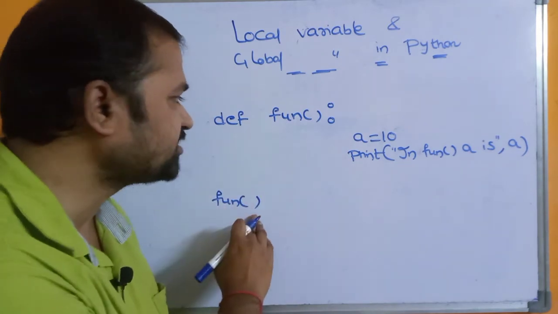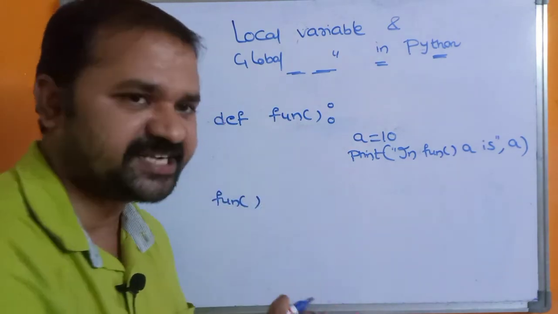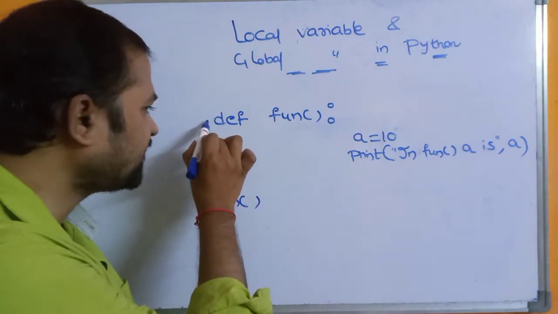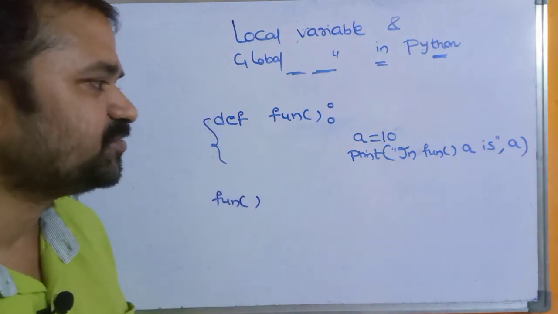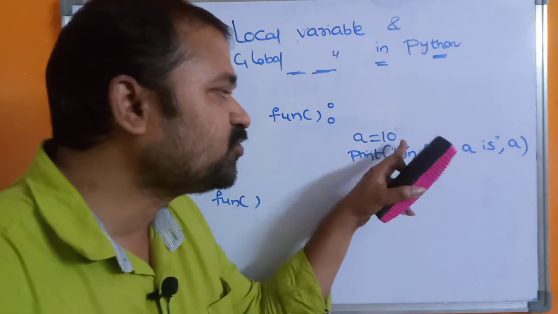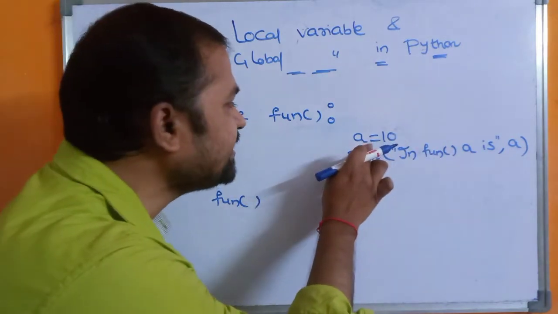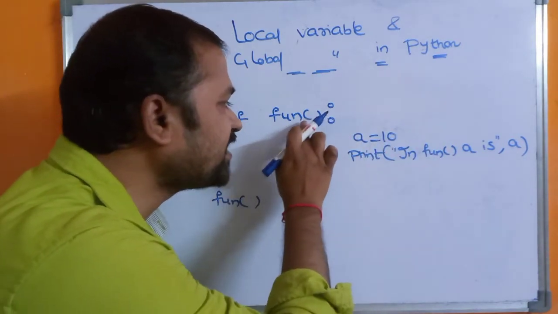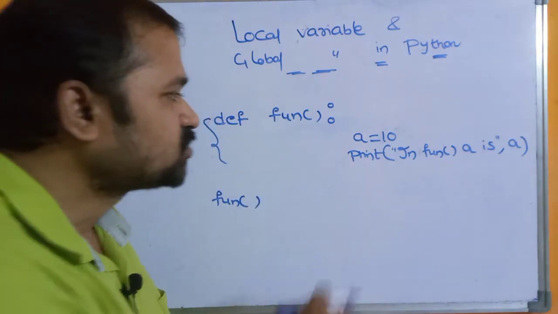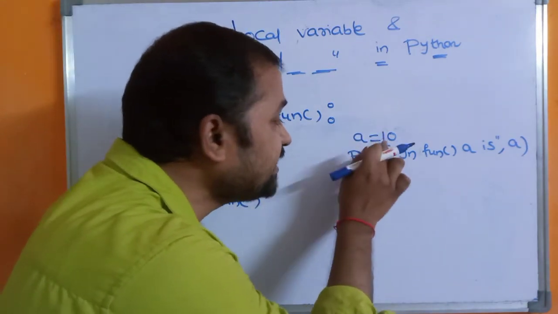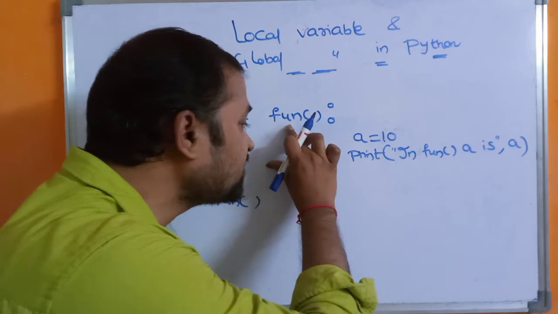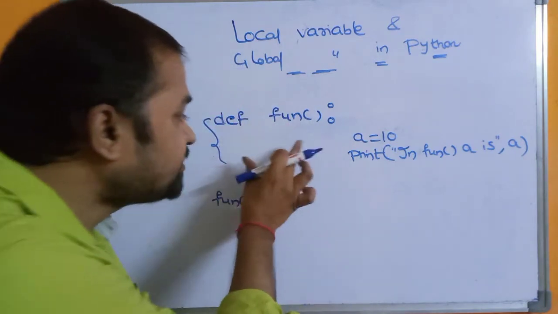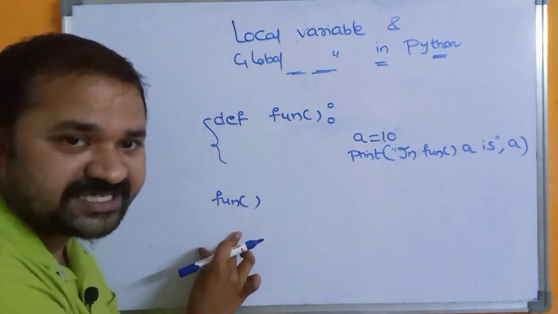So whenever a function is called, the control goes to the function definition. So now this function definition will get executed. a is equal to 10. This statement is written inside this function fun. So we can make use of this a only inside this function. Outside this function we cannot use a.